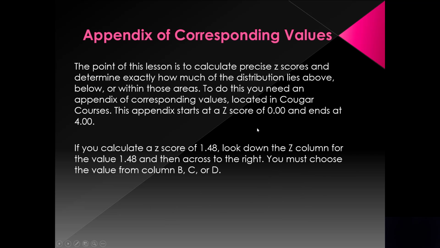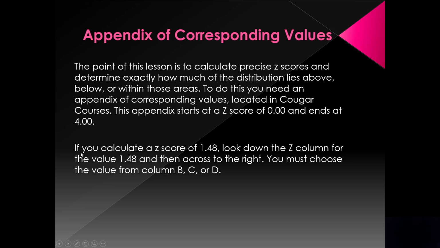The point of this lesson is we're just going to calculate z-scores. And once you have a z-score, or a precise standard deviation above or below the mean, then you have to look into the appendix, which is provided in the lesson this week, and find what the corresponding value is for that.